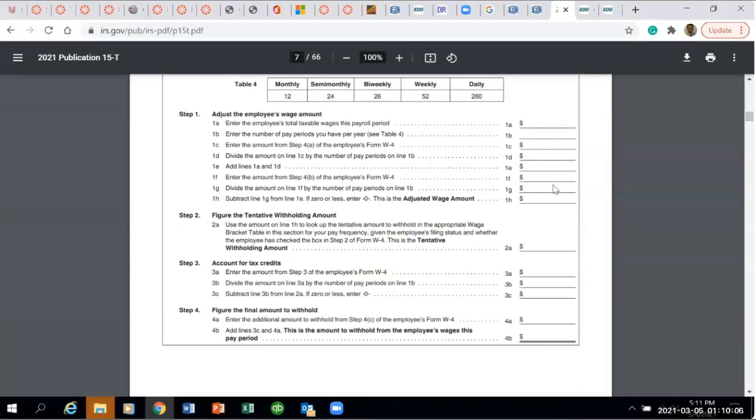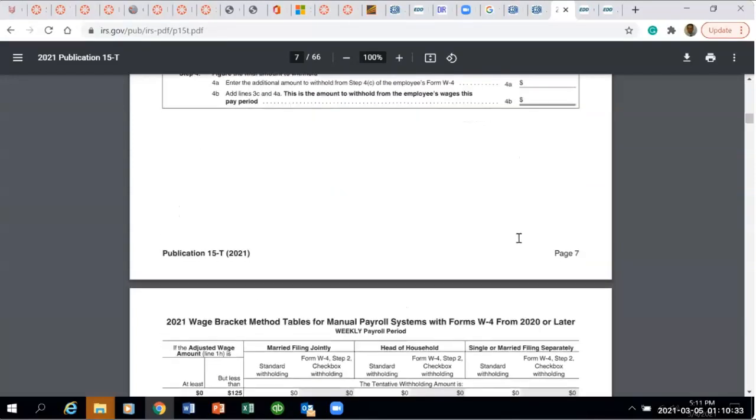How much? Let's say it's $1,000 and it's weekly, you divide $1,000 by 52 and it ends up being roughly $20. And that $20 will be added to your income, or if it's in the deduction part, it will be deducted from your income. But in this case, we don't have any adjustments. So it's still 1,008.